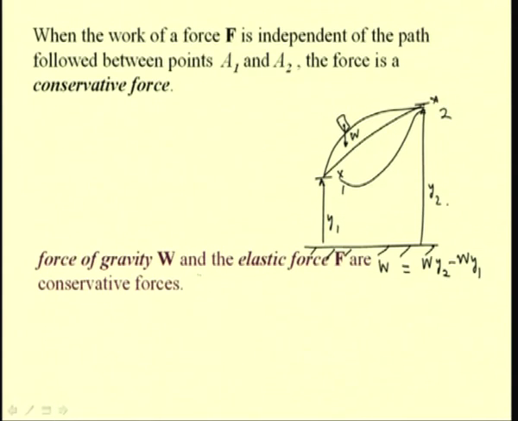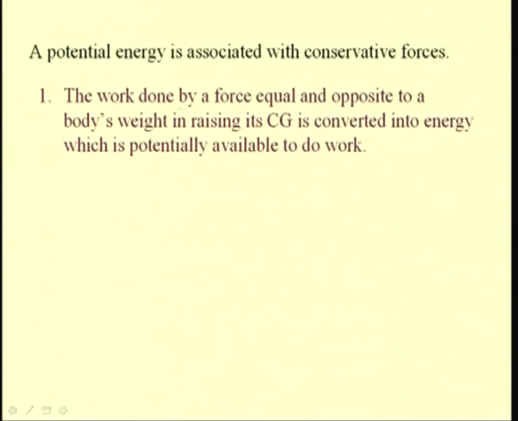So, the force of gravity and the elastic forces are conservative forces, and for such conservative forces one can associate the potential energy. Let us first consider the weight or the gravitational force. The work done by this force equal and opposite to the body's weight in raising its CG is converted into energy which is potentially available to do work.